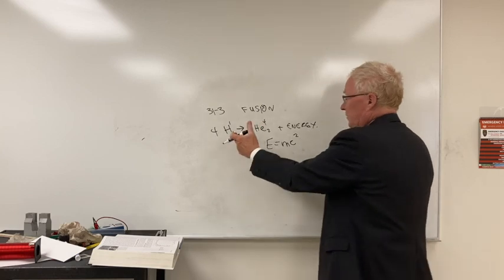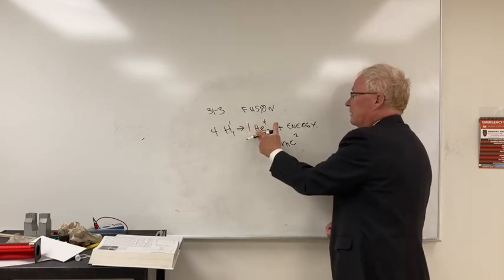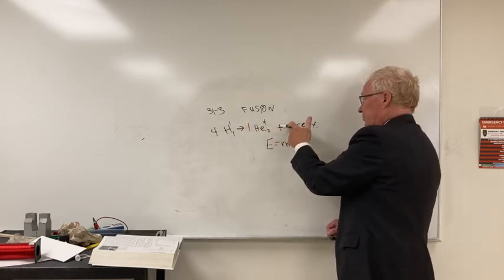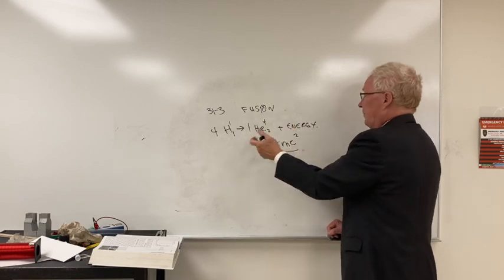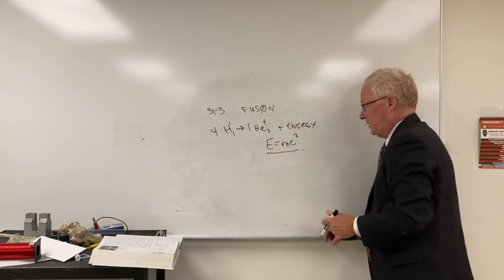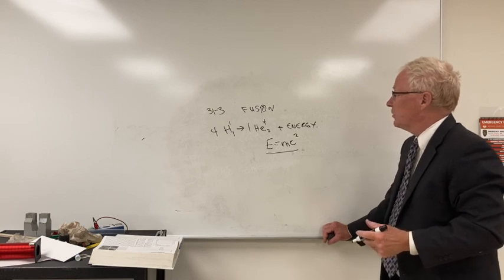So the extra mass is converted to energy from E equals mc squared. Okay, so this is fusion.